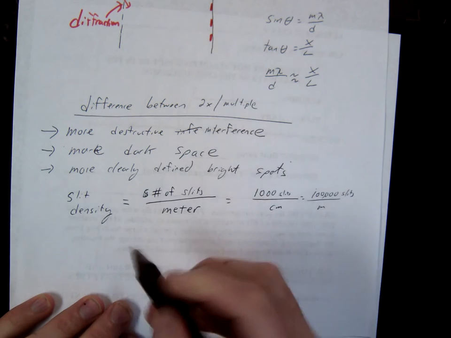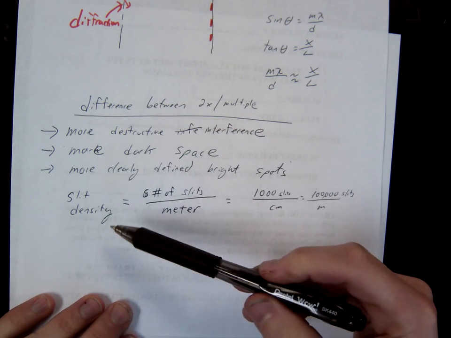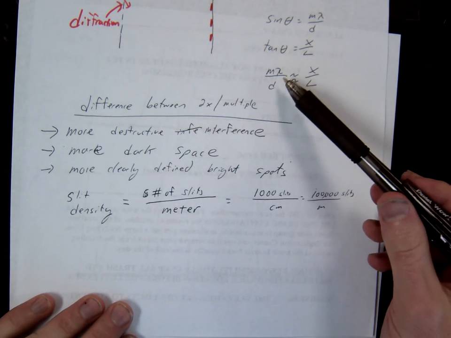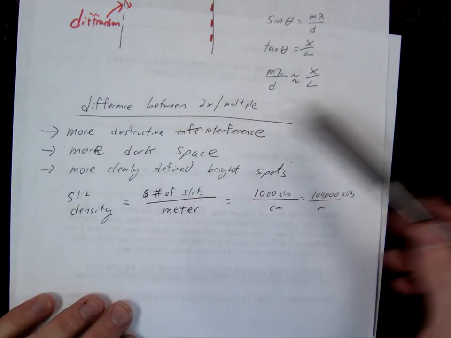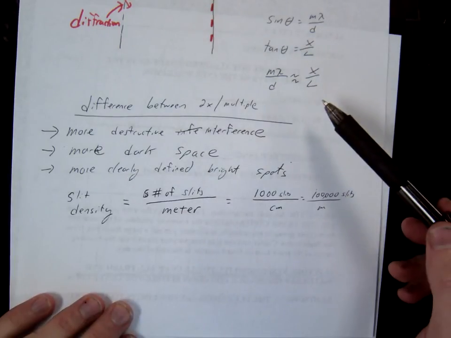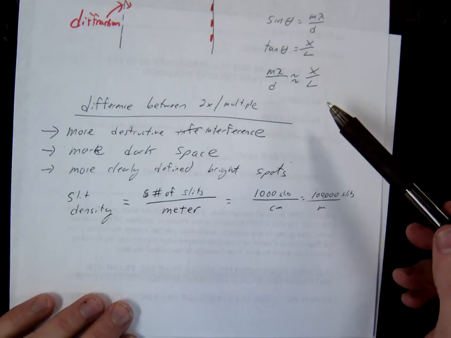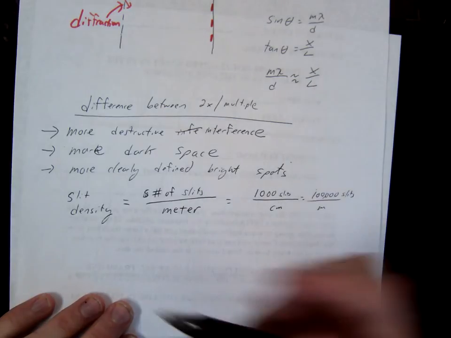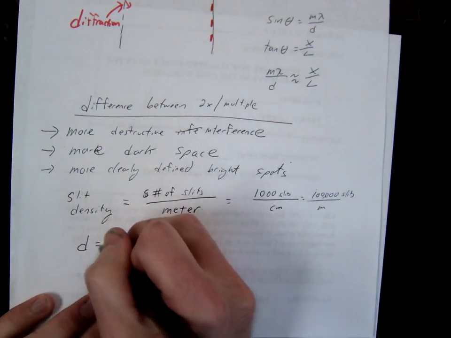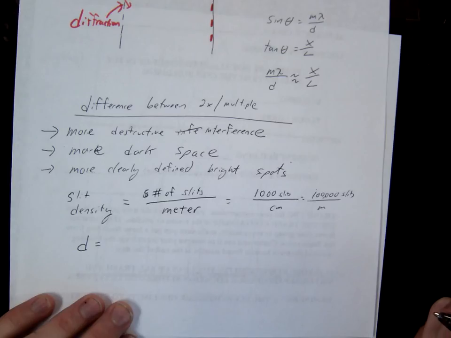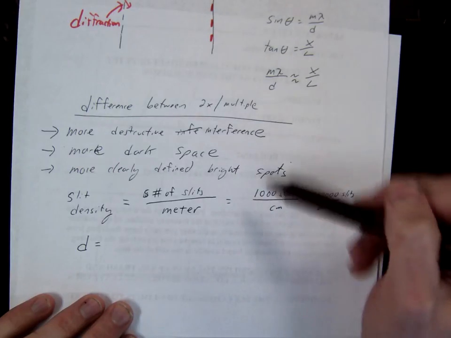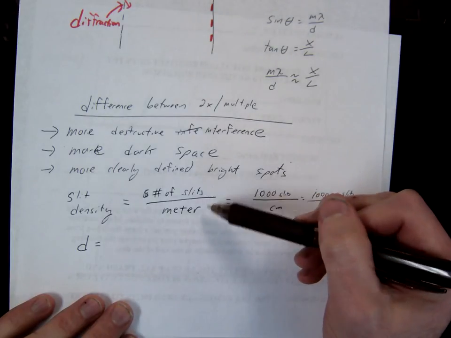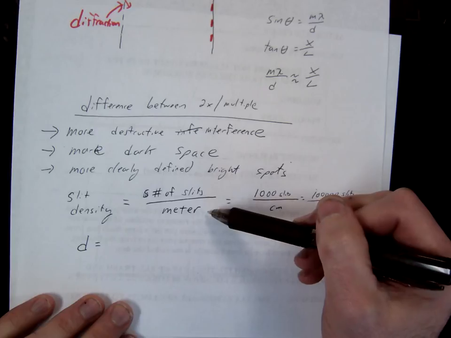Now in your equation, we don't have slit density. We have d. Well, what's the relationship? Can anyone derive the relationship between those two? Look at the units. This is slits per meter. We want the number of meters between the slits.